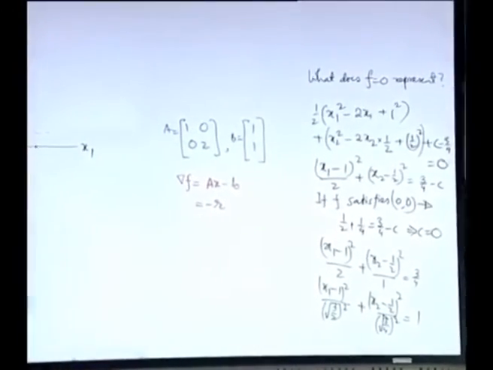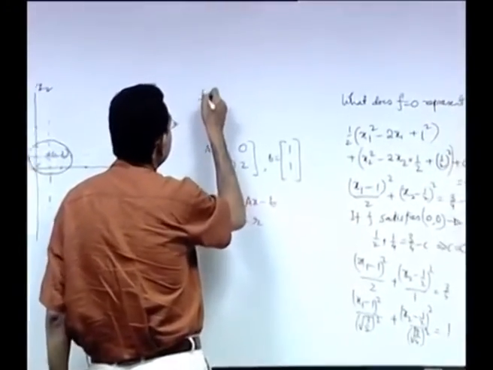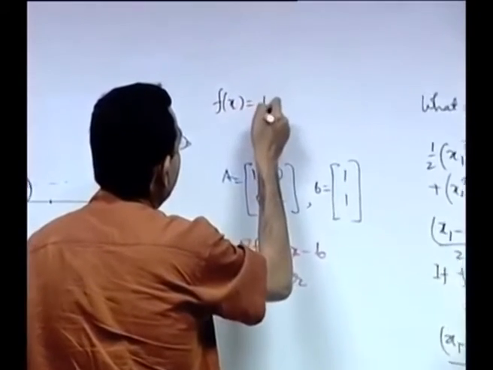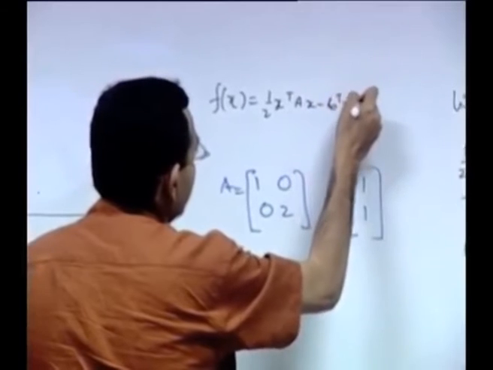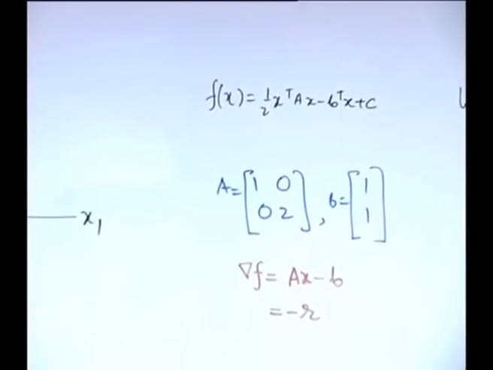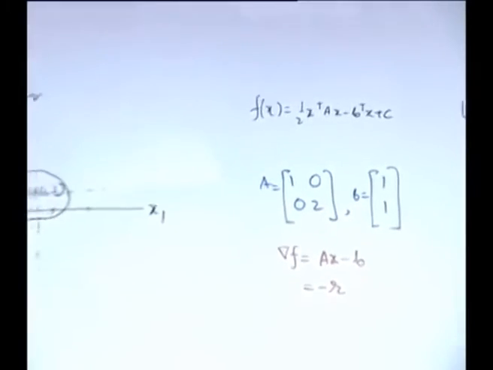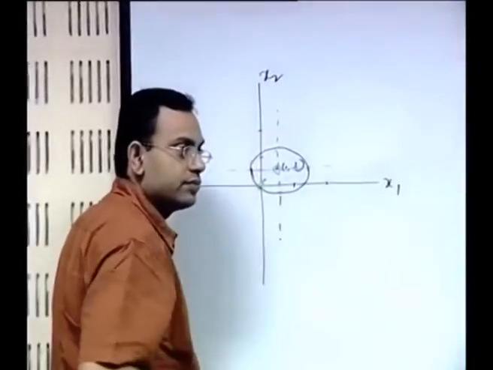What we first did is we first obtained f(x), which is half of x transpose Ax minus b transpose x plus c, and we plotted f in the x1 x2 plane.